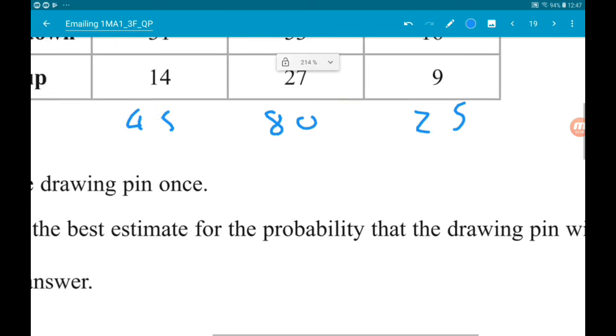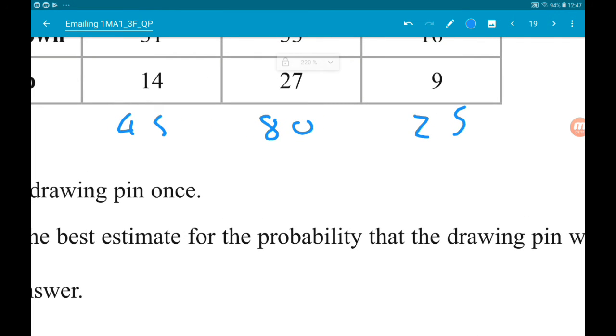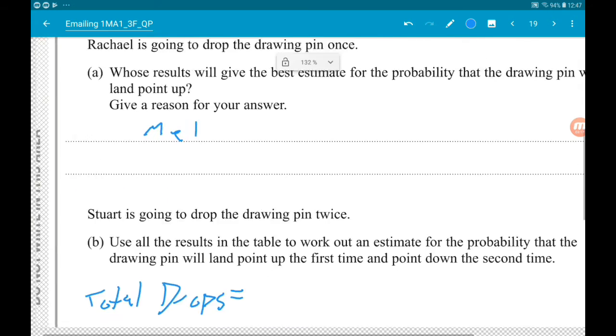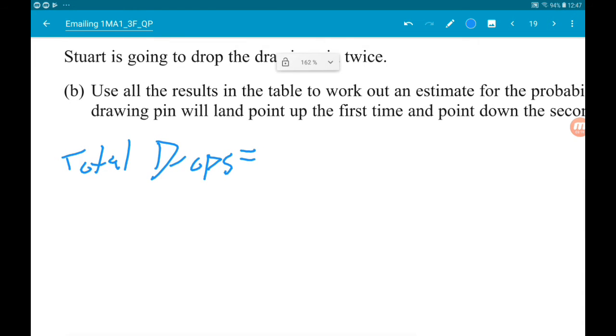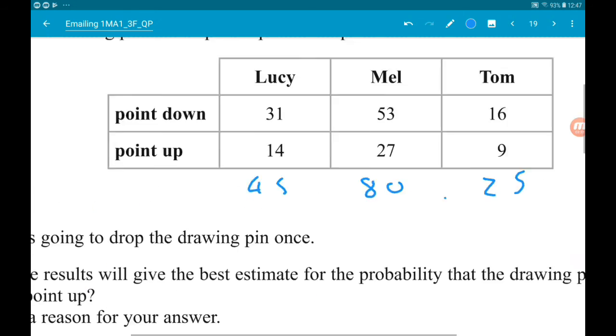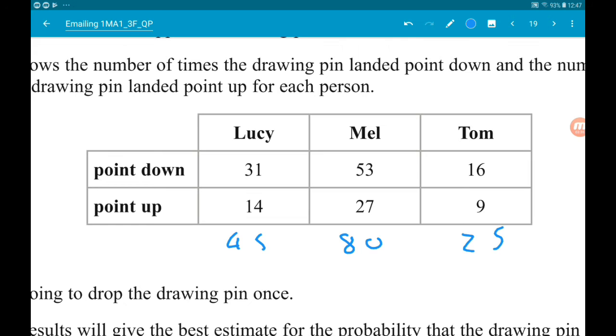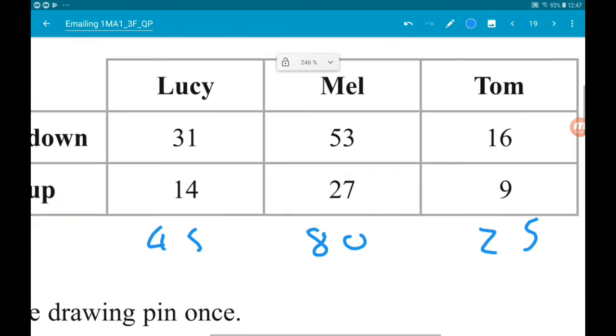So 45 add 80 add 25 is 150. Now we can work out the probability of it landing down by adding up all the times it landed point down.